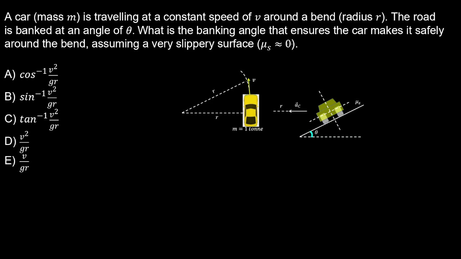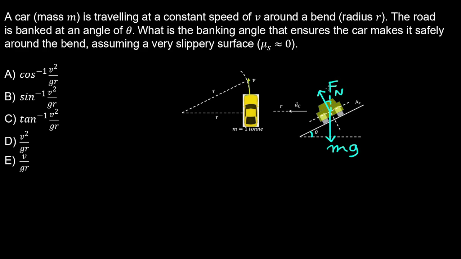So this condition means that the static friction force is close to zero, and the normal force is the one that provides the centripetal acceleration. So if we take a free body of this car, we have the normal force and the force of weight. And this angle here is equal to the banking angle.